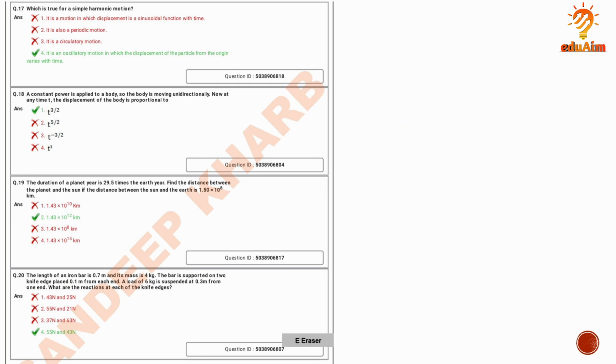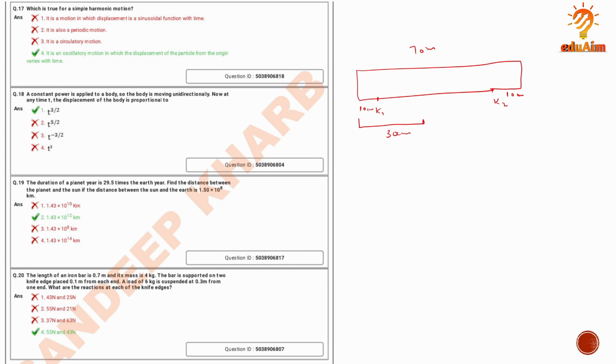So here we have a bar which is 70 centimeter long. Knives K1 and K2 are placed at distance 10 centimeter from here and 10 centimeter from the other end. Okay, and a weight is suspended 30 centimeters from one side. Say here the weight 6 kg is suspended and the weight of this rod is 4 kg.